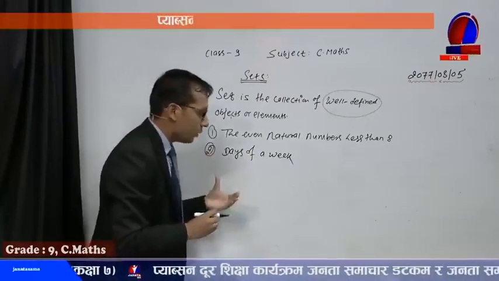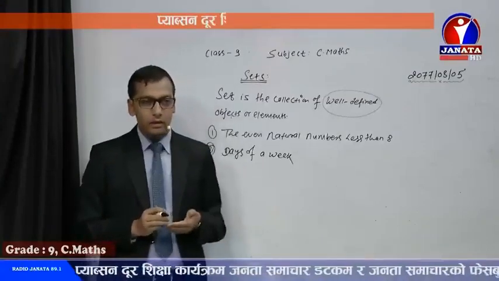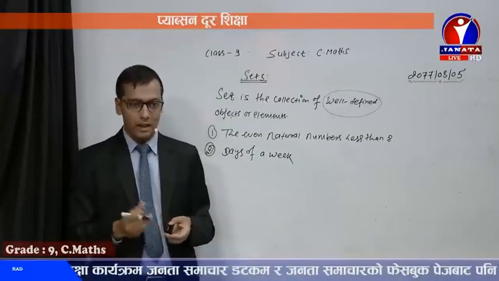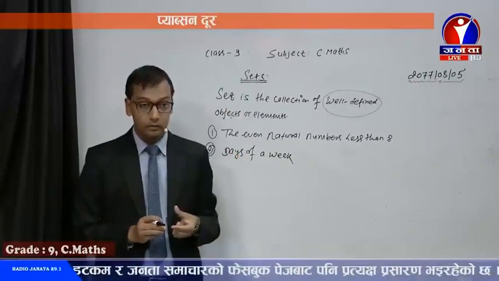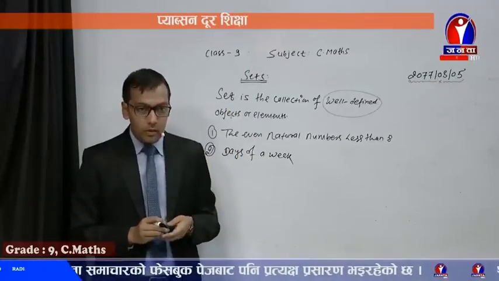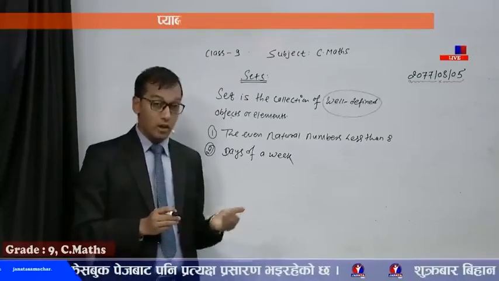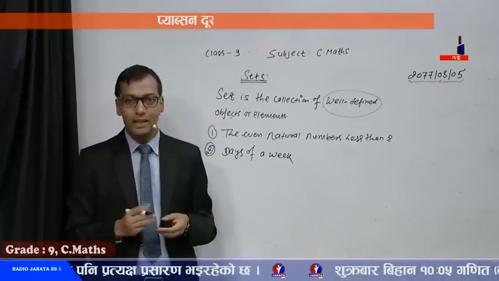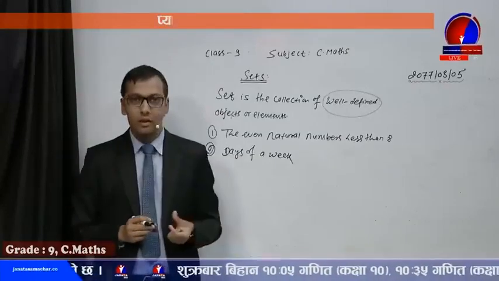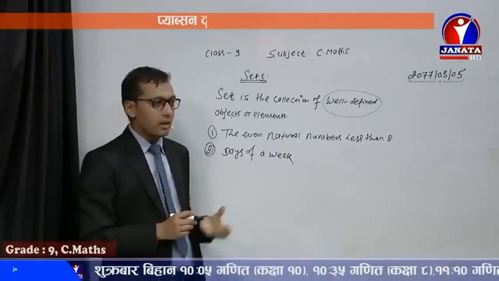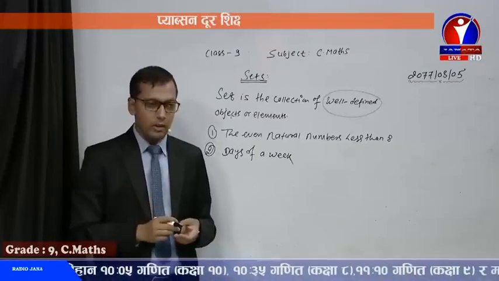Similarly, let me tell you about other examples. There are many examples we can take under the topic of set, like natural numbers, natural numbers less than 20 or natural numbers less than 8. Besides this, there are lots of examples.